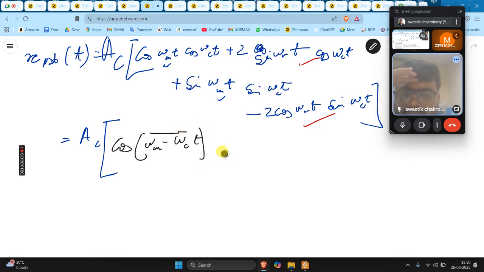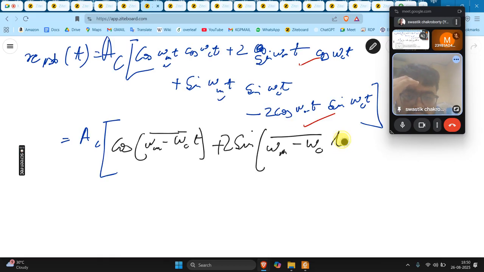And another is 2 sin omega m t cos omega c t minus cos omega m t sin omega c t, so this is 2 sin of omega m minus omega c. Or you can write it in a different way, as omega c minus omega m, since sine is an odd function.